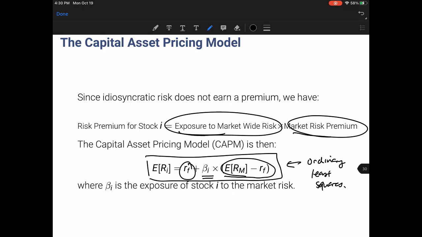For those of you who have statistics, you know that beta has a form. I think this is written on the next slide, but I'm going to give it to you here. This is our beta coefficient if we regress returns on the risk factor plus some constant, the risk-free asset constant.